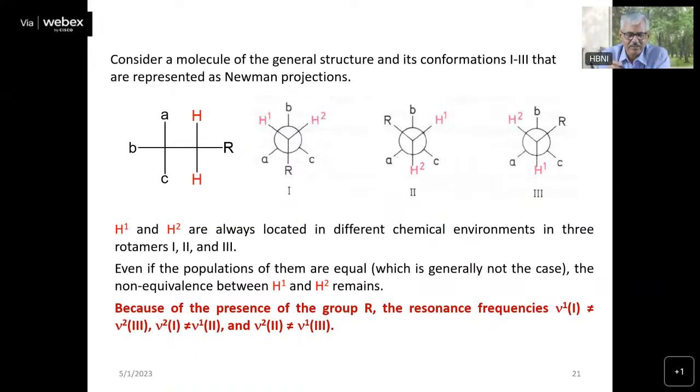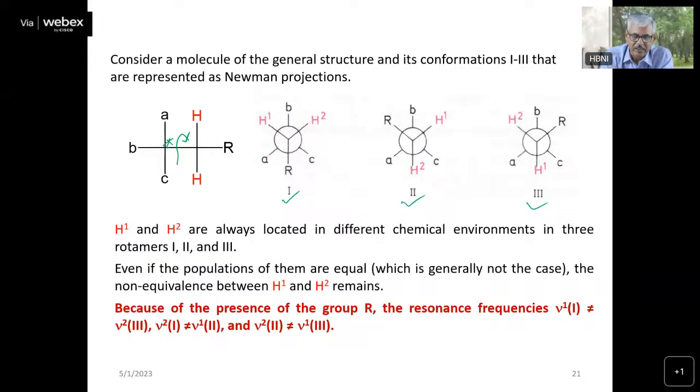Okay, so now let us see a much more generalized thing. Consider a molecule with the chiral center. Why are these two hydrogens not chemically equivalent? Of course, if they are not chemically equivalent, they will not be magnetically equivalent. Now see, because there is free rotation, you can think about an infinite number of conformations. Let us say there are three major conformations: 1, 2, and 3.